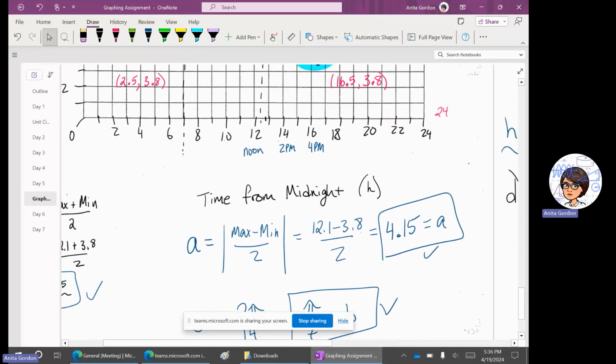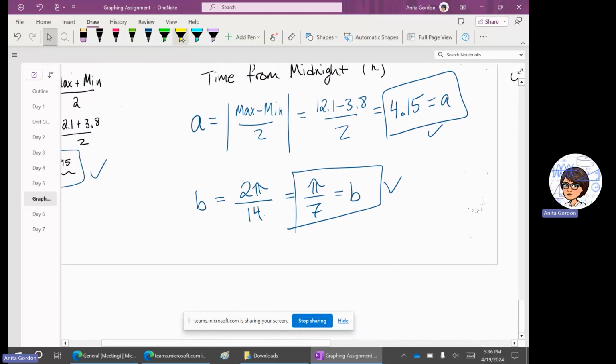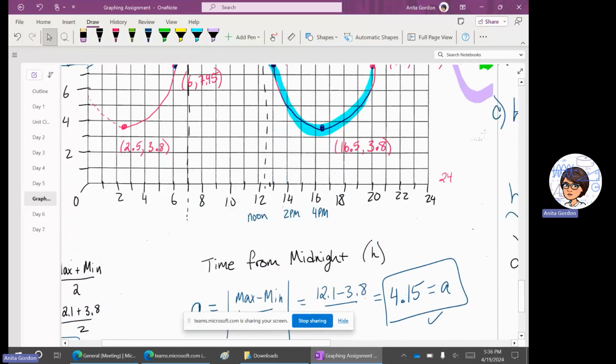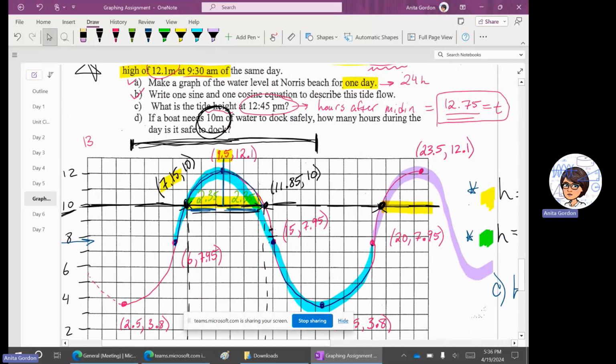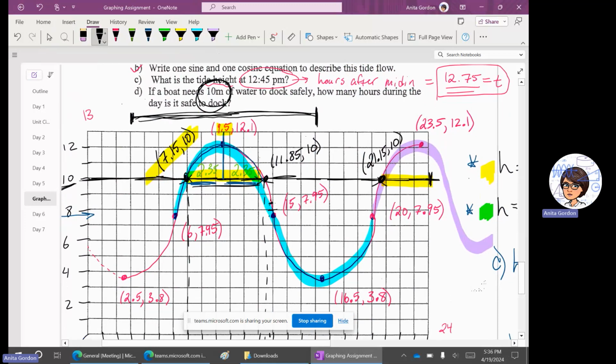Because when we were looking for our B value, we already calculated that the length of the wave was 14 hours. So that means if I know my original point is 7.15, I'm going to add 14. And this means that this point here is at 21.15 and 10.